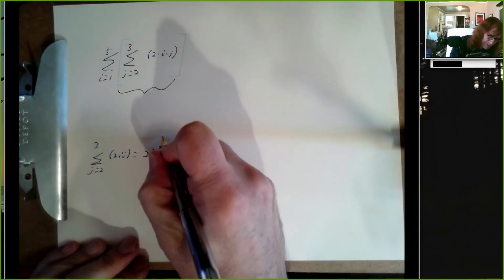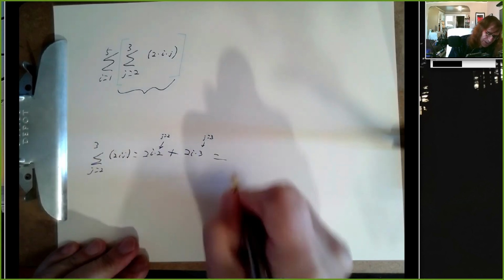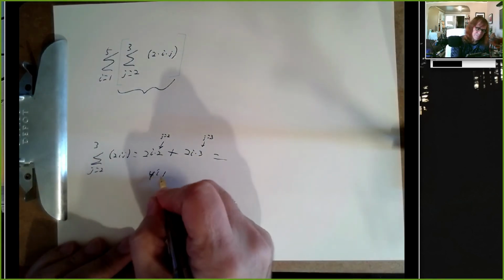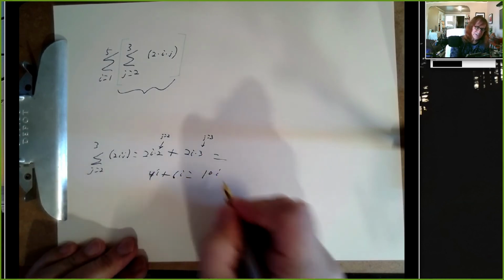So this is j equals 2. This is j equals 3. Well, this is 2i times 2, this is 4i. This is 2i times 3, which is 6i. 4i plus 6i is 10i.